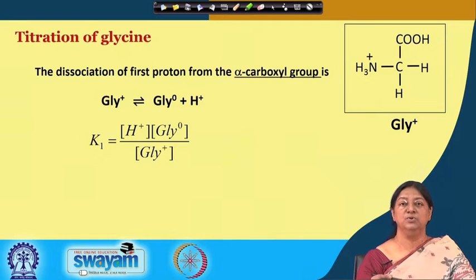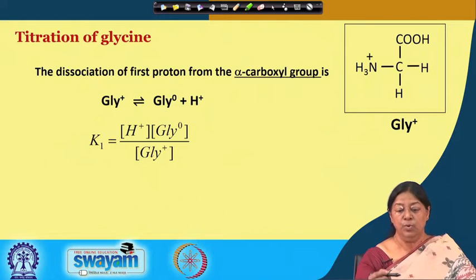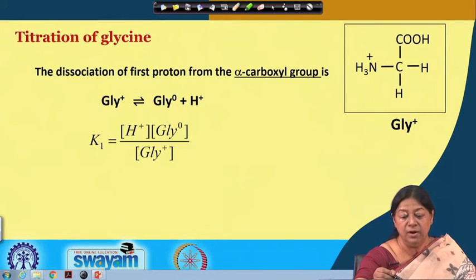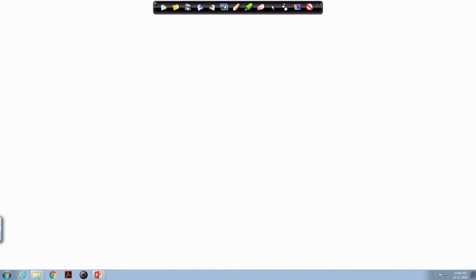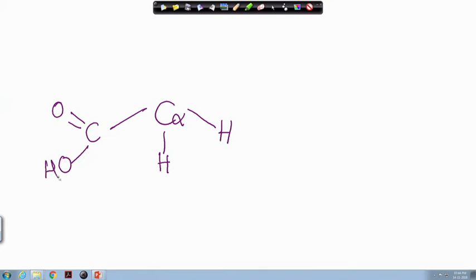If we were to consider an acid-base titration, we would think of the amino acid as the alpha carbon, the hydrogen forming the side chain, or we could consider the C double bond O and the OH and the NH3 plus.